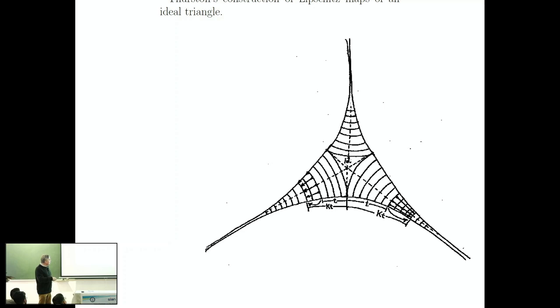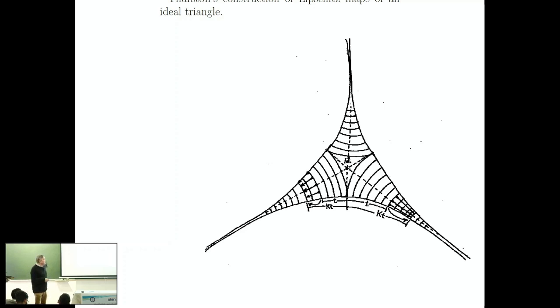So suppose this triangle is sitting in the hyperbolic disk. Now these pieces of circles are special to hyperbolic geometry. You have lines which are called horocycles. The horocycles in the hyperbolic plane, in this model, are the Euclidean circles which are tangent to the boundary.